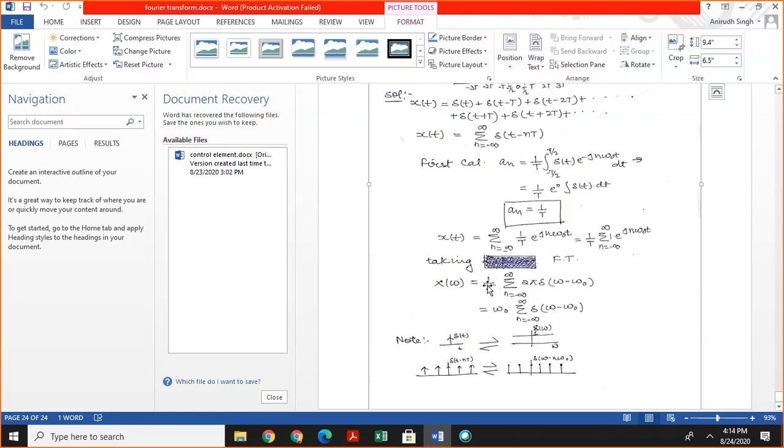And this 2 pi by T is written as omega naught, and the Fourier transform of a periodic impulse train is given by this. And this is drawn in this figure.